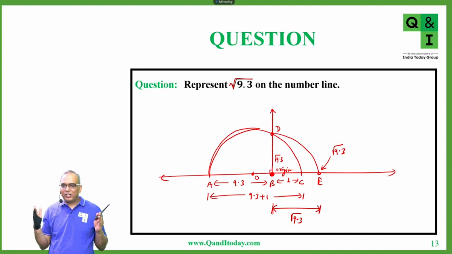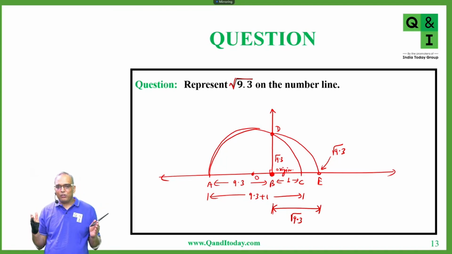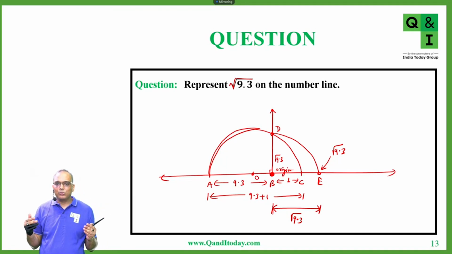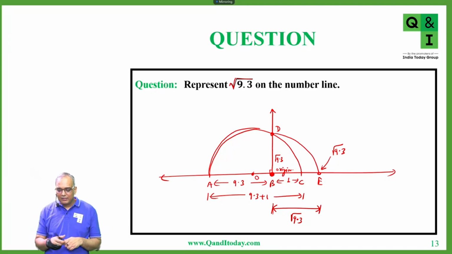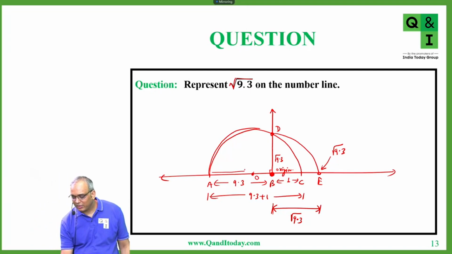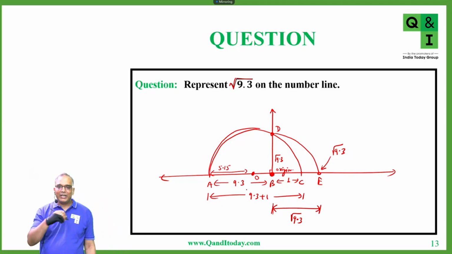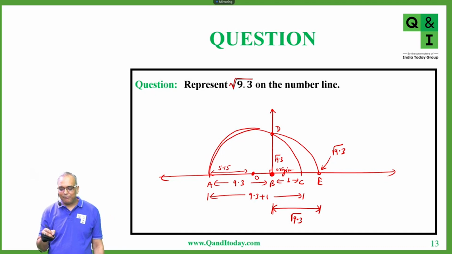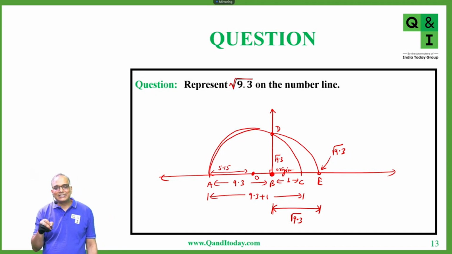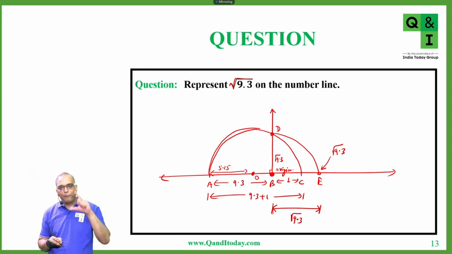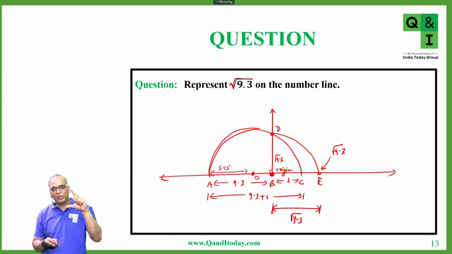Now once you have got AC, find the midpoint of that. 10.3 divided by 2 is 5.15. So this point from here to here, this is 5.15. Now keeping O as the center and OA as the radius, draw a semicircle. Draw a perpendicular at B, which meets this semicircle at point D. Now length BD is square root of 9.3.